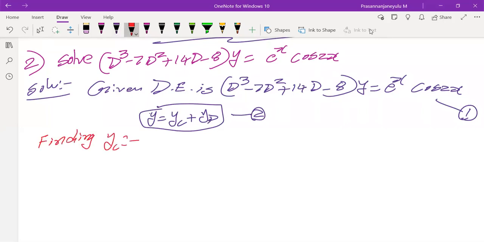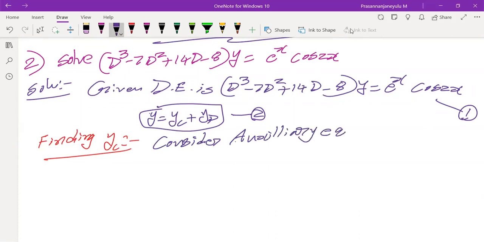While finding yc, what are we going to get? Consider the auxiliary equation. What is the auxiliary equation? f of m equals 0. What is f of m?